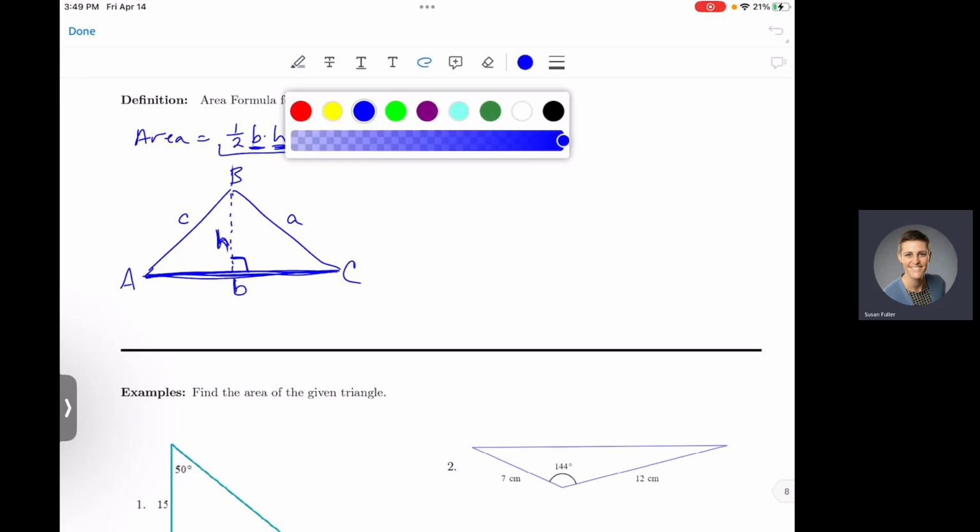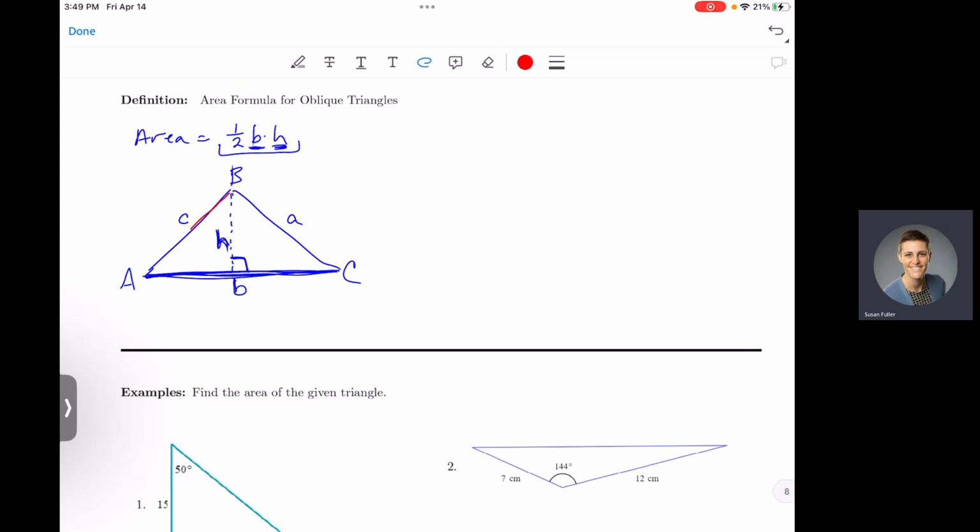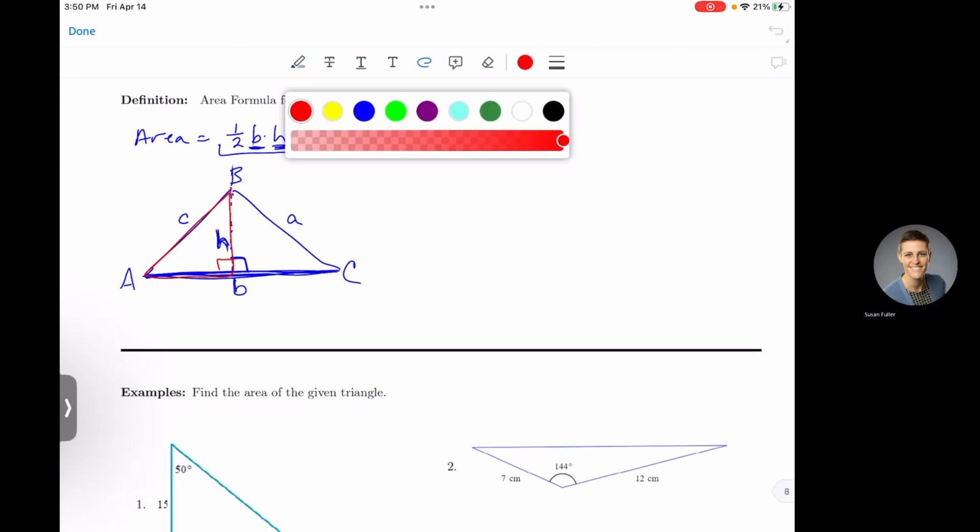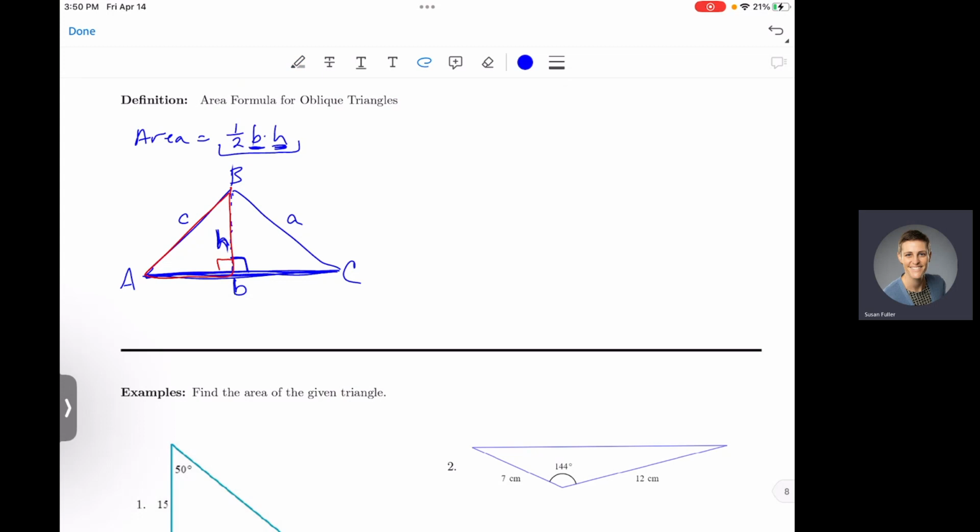So let's say I'm looking at this red triangle over here on the left, just this small right triangle. Do you agree that if I look at angle A, I have that the sine of angle A in this little red triangle is opposite, which is height, divided by the hypotenuse, which is C. I can do that in this little triangle because it is a right triangle.